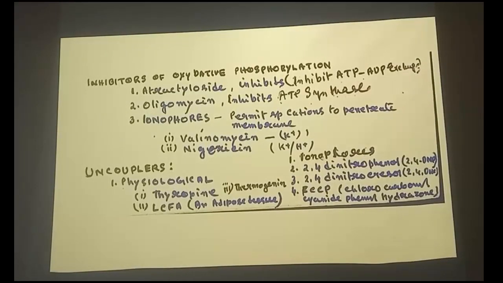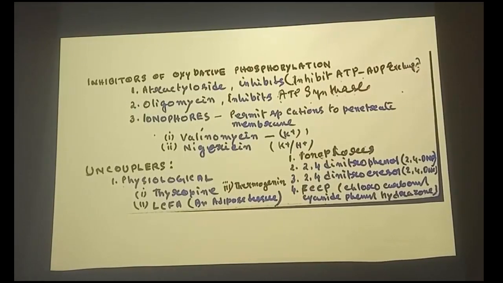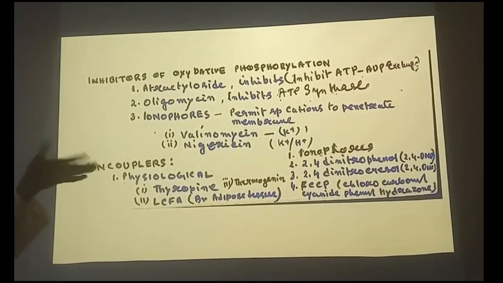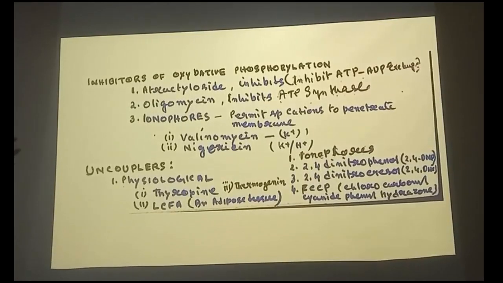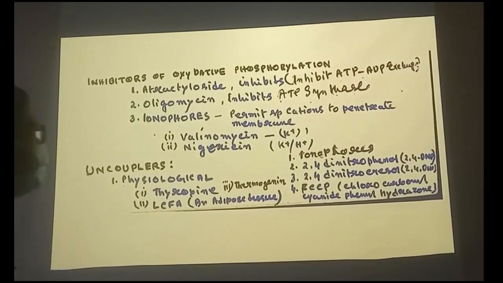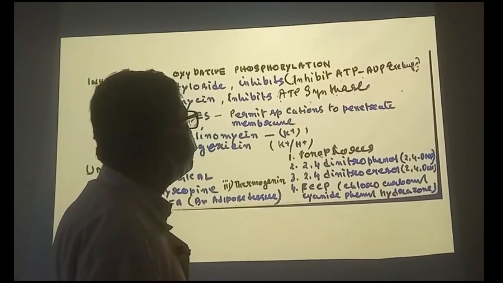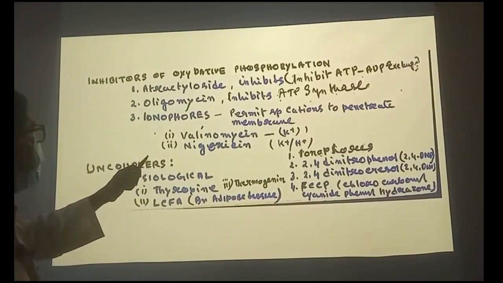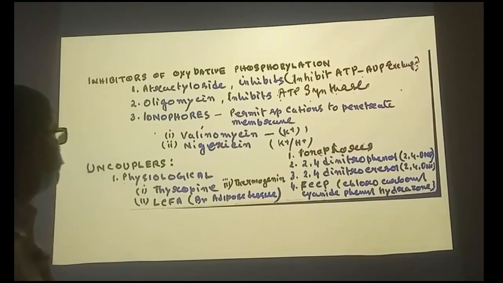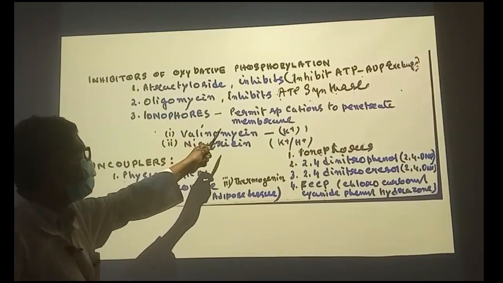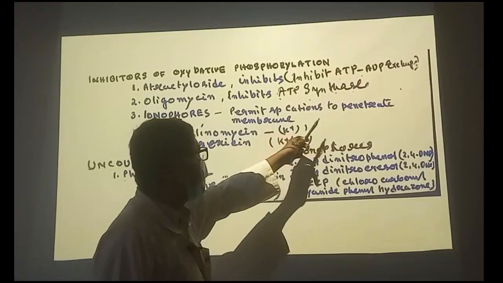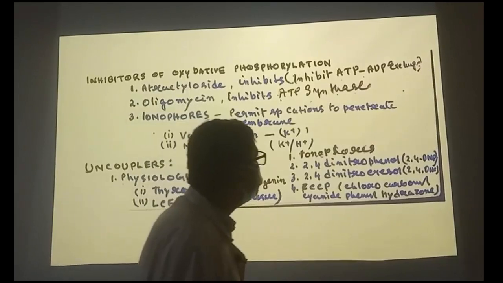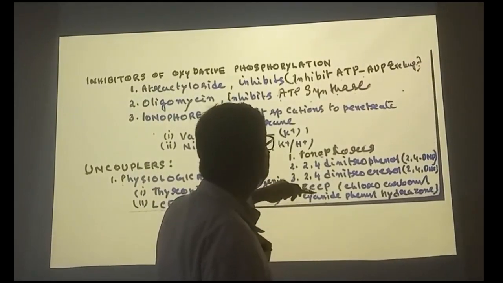Now there are some inhibitors of oxidative phosphorylation as well. I am going to discuss oxidative phosphorylation, but previously I am going to discuss the inhibitors. Atractyloside inhibits the ATP-ADP exchange, which is the exchange transporter. Oligomycin inhibits ATP synthase. Ionophores, different ionophores are there, they permit specific cations to penetrate the membrane.